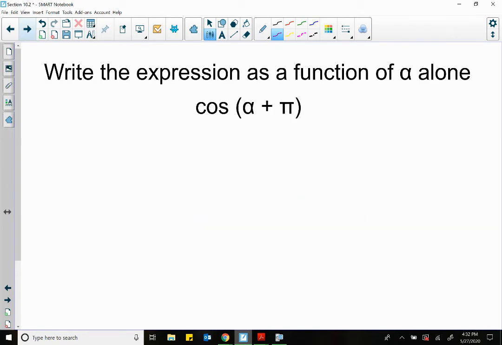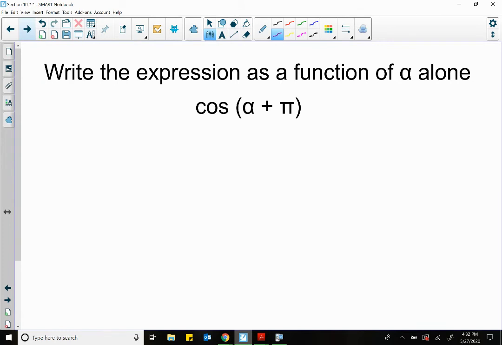Now they ask a weird one. Sometimes they get these weird ones, and this says, write the expression as a function of alpha alone. So they want to know, in the end, if I take alpha plus pi, what is that going to look like? In the end, they only want your answer in terms of alpha.